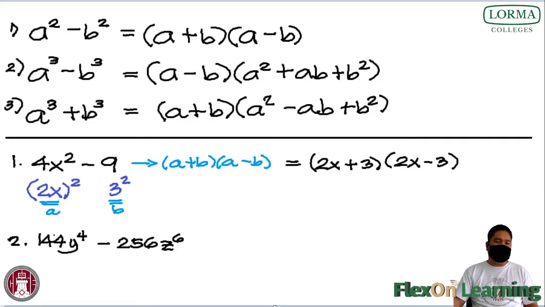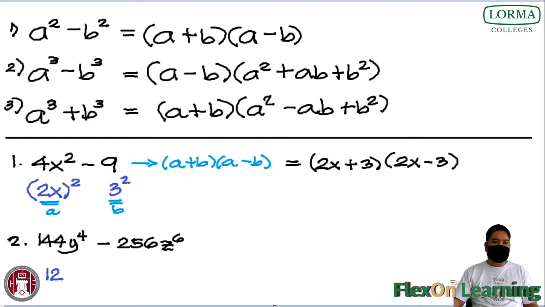First, we have to get the square root of this function. What is the square root of 144? That is 12. You can use your calculator to evaluate the square root of 144. So that would be 12.